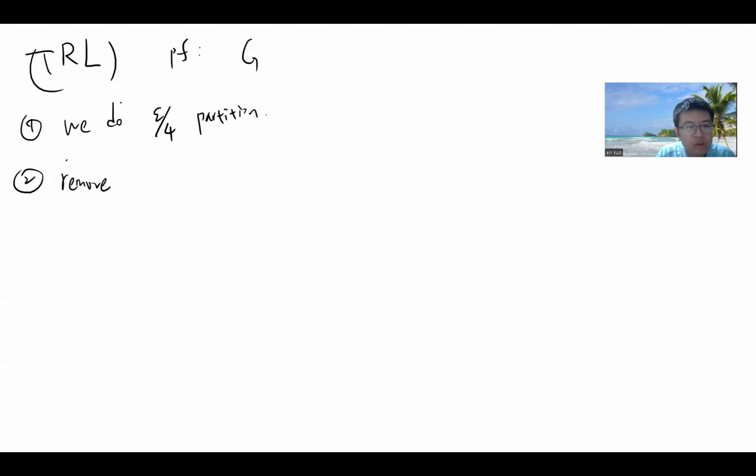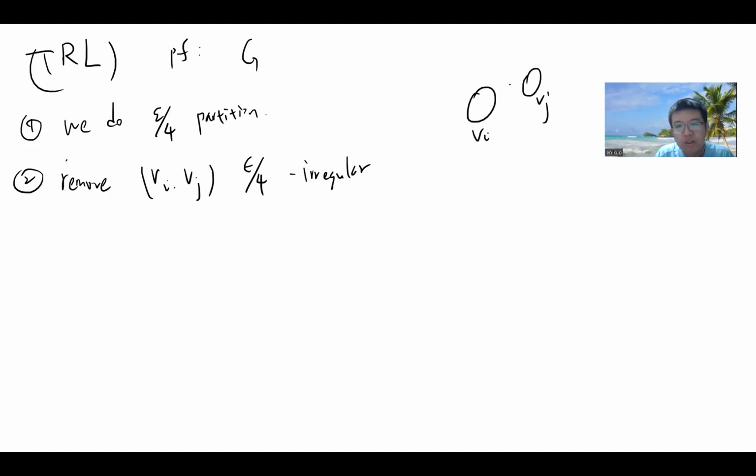We remove the (Vi, Vj) pairs that are epsilon divided by 4 irregular. If these two parts are irregular, then we remove all the edges between them.